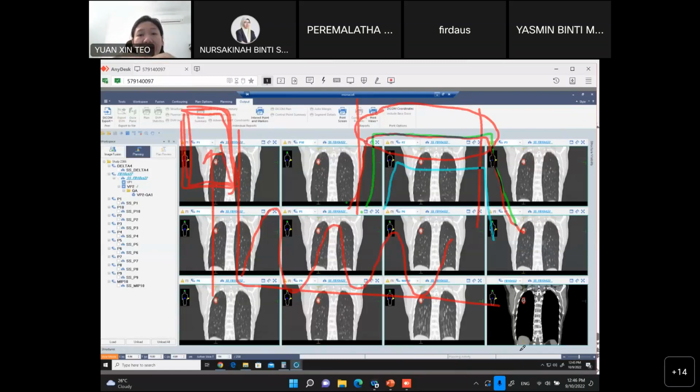So from this, we can track the patient's lung movement. If during the treatment the radiographer sees the tumor is already out from the PTV, they will immediately pause the treatment. Okay, then ask the patient to relax, then only we will resume the treatment.